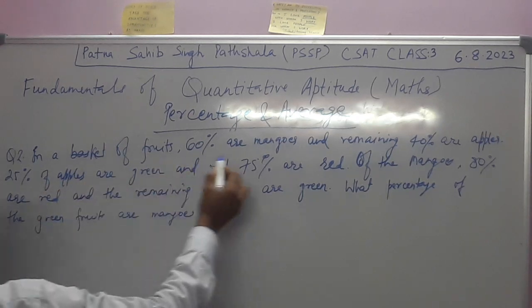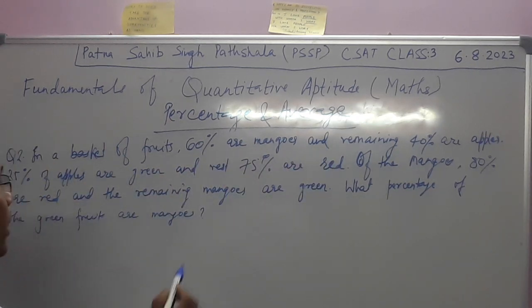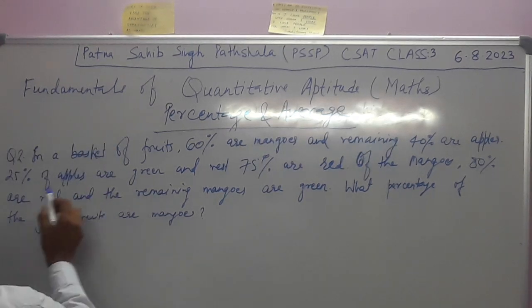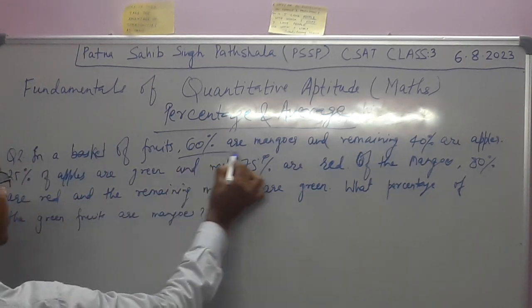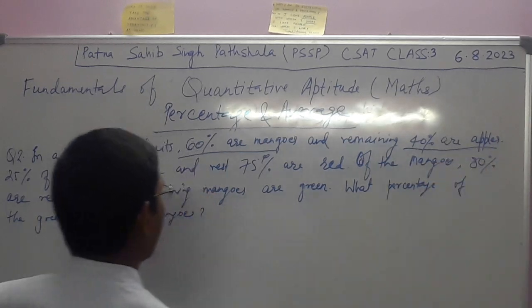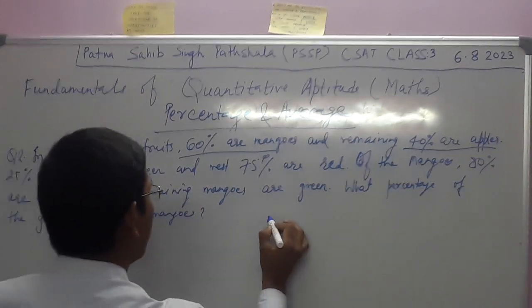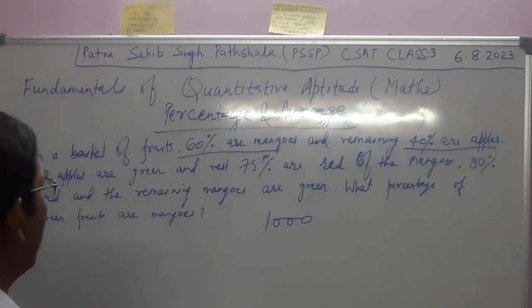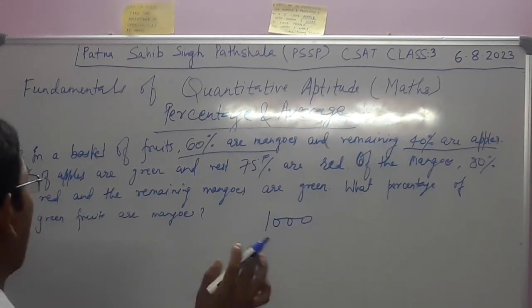In a basket of fruits, 60% are mangoes and the remaining 40% are apples. So assume there are 1,000 fruits in the basket.